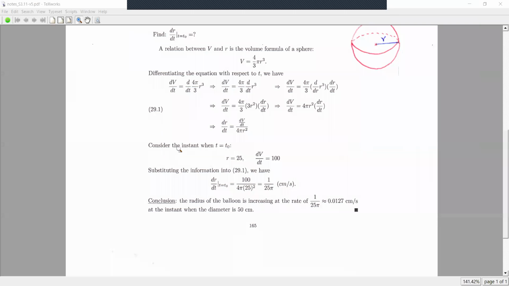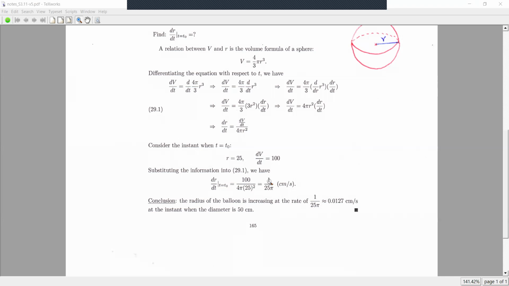Now, consider the instant when time is t0. When time is t0, the radius is 25, and the rate of change of the volume is 100. Plug in this information in this equation. Then, the derivative of r at t0 is 100 over 4 pi times 25 squared.